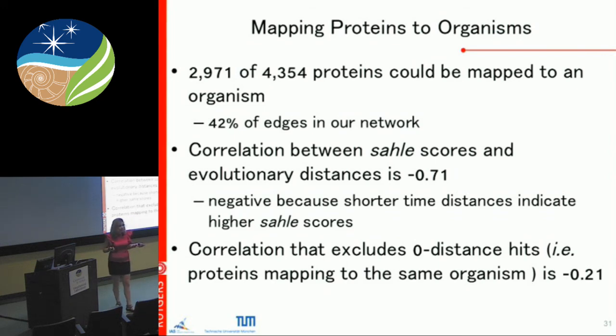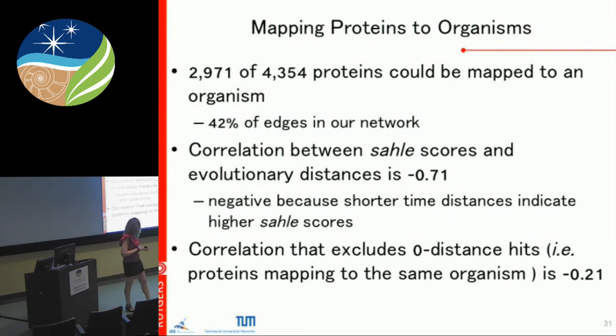And so then we asked, is there a correlation between our scores, which have nothing to do with this particular world, and the distances between any two organisms in this tree? And the correlation is quite high. And it's negative because the higher the sahle score, the shorter the distance between them, right? So the more like them. Pretty cool. I was very happy about this.